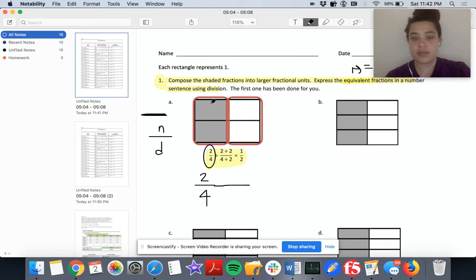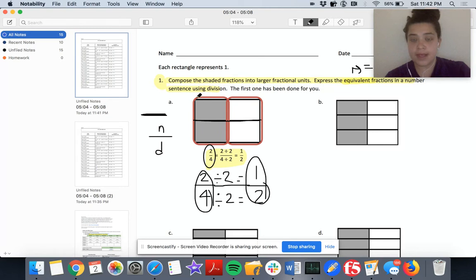As we can see, 2 pieces were created by this horizontal line. So I'm going to divide my numerator and my denominator by 2. 2 divided by 2 is 1. 4 divided by 2 is 2. So therefore, 2/4 is equal to 1/2.